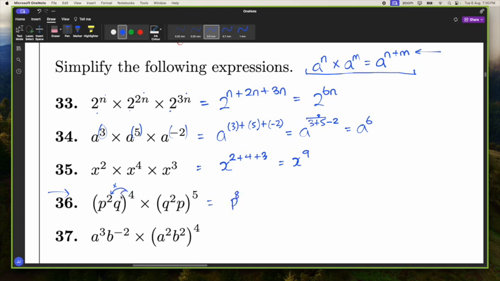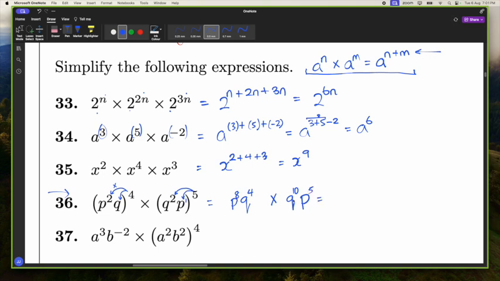And then 4 times 1 is q to the power of 4. Then I have a multiply, and I have this side here, which is 5 times 2, which is q to the power of 10, and p to the power, and notice they are in a different order. This one has p first, this one has q first. So 5 times 1 is p to the 5.